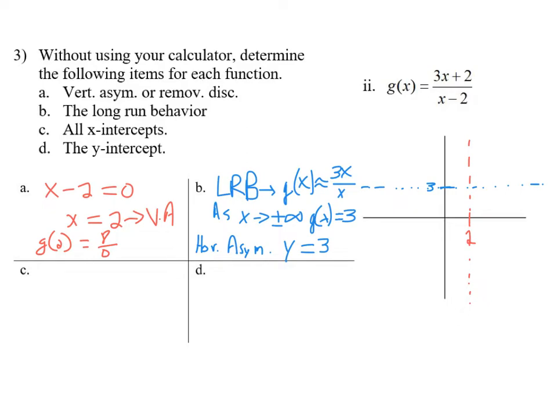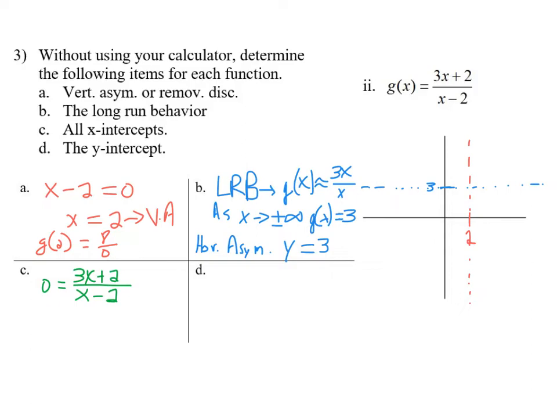Let's do the x-intercept first by setting our output value equal to 0. Now you might think this is a fairly daunting task to solve this equation, but the first thing you're going to do is get this denominator out of here by multiplying both sides by x minus 2. And of course x minus 2 will cancel on the right side, but on the left side it's just times 0.